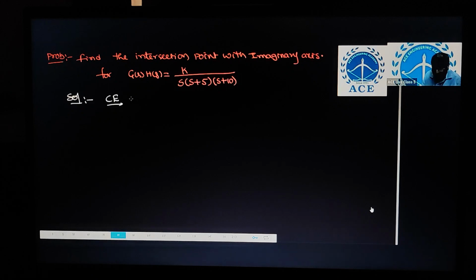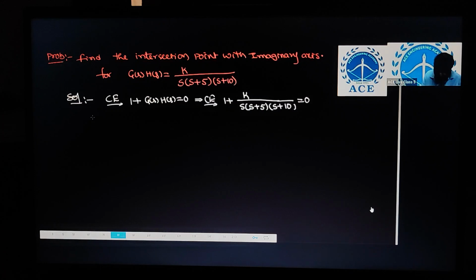Solution. Characteristic equation: 1 plus G of s H of s equal to 0. So what is the characteristic equation? 1 plus k by s into s plus 5 into s plus 10 equal to 0. Then the characteristic equation is s cube plus 15s square plus 50s plus k equal to 0.